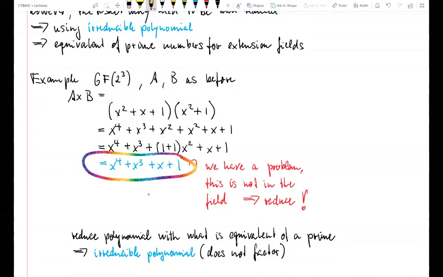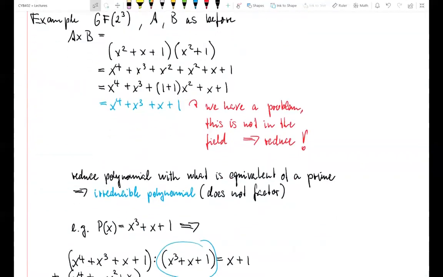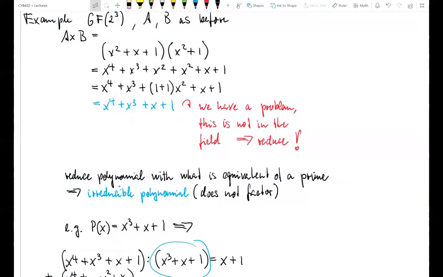This result, as we can see here, may be just outside of the field, and this would of course violate our rule of closeness, our property of closeness. So what do we do? Well, we modulo reduce, the same thing that we did before, just with regular numbers. We need to reduce by way of an irreducible polynomial.